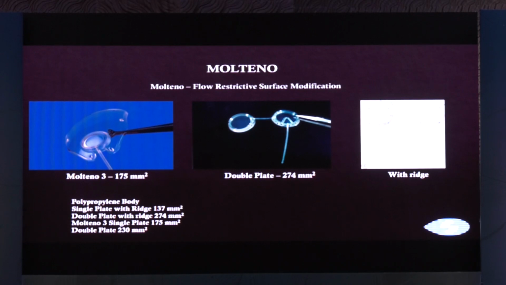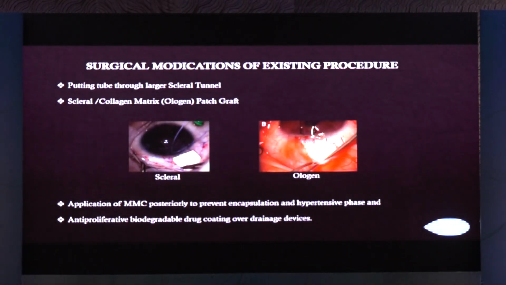Molteno has also changed its design, in that the initial body was 137 square millimeters, changed to 175 square millimeters, and with the double plate also, and moreover it has a ridge on the central area and around the rim, so that it causes little restriction in the flow over its surface.